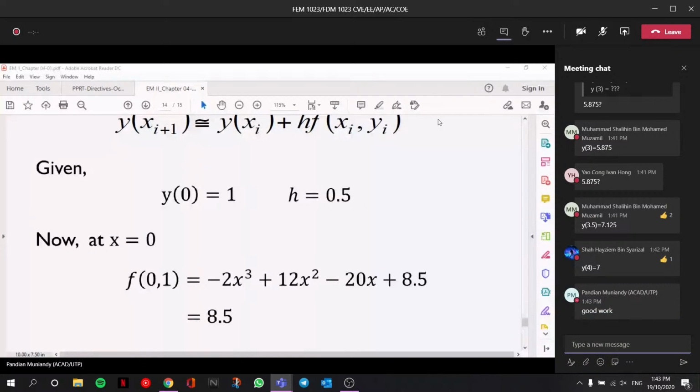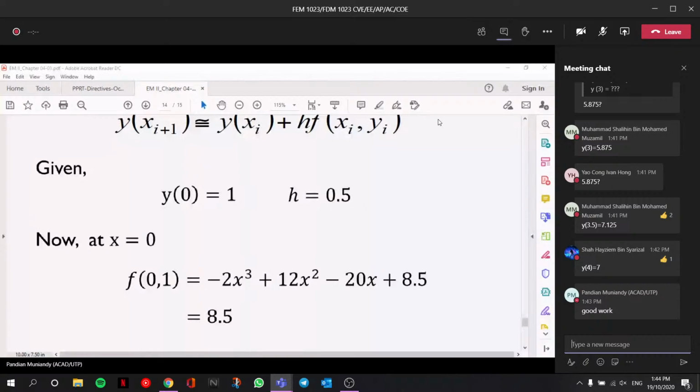If you analyze the table, when x0, y1; x0.5, 5.25; x1, 5.875; x1.5, 5.125; x2, 4.5; x2.5, y 4.75; x3, y 5.875; x3.5, y 7.125. When x4, y 7.